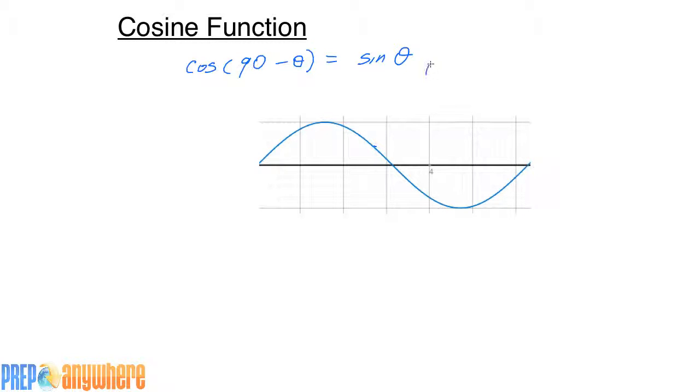Or vice versa. This is better actually: sine of 90 plus theta is equal to cosine of theta. Minus also works too, but I'm going to use plus.